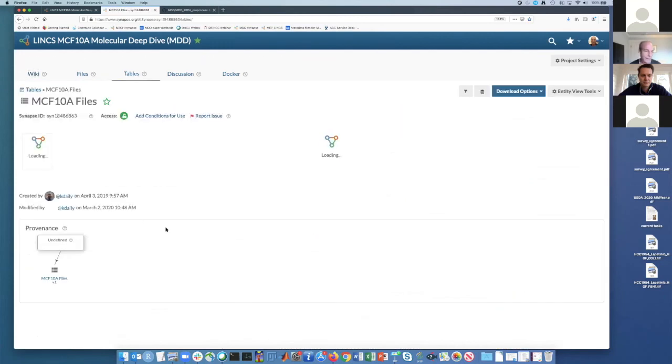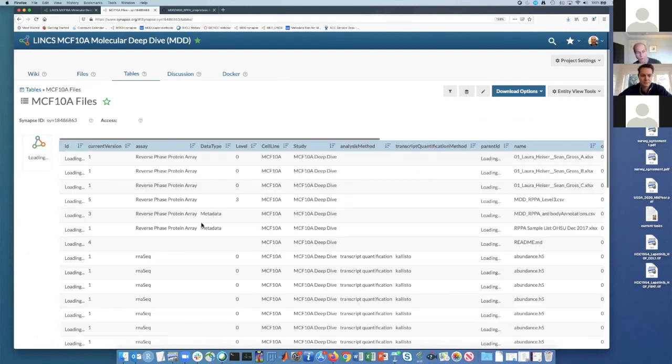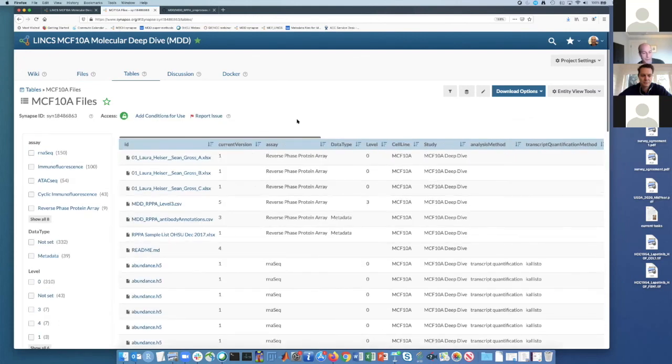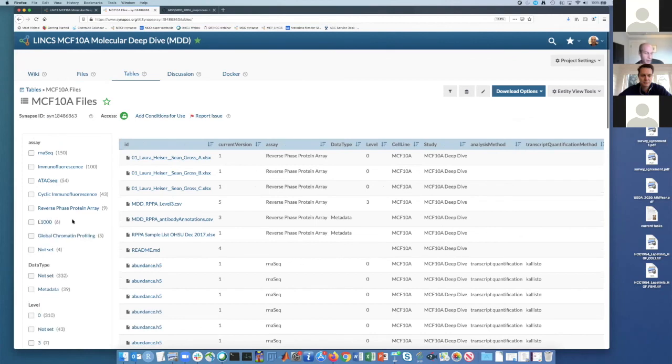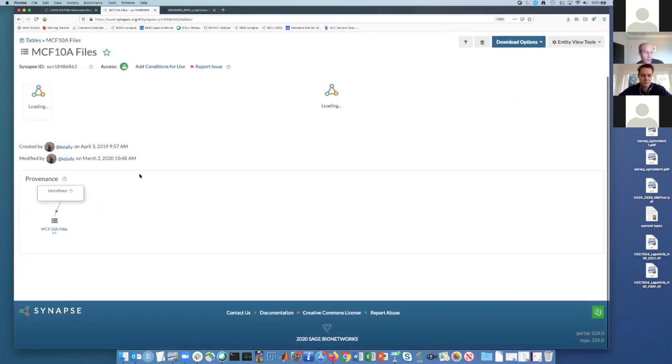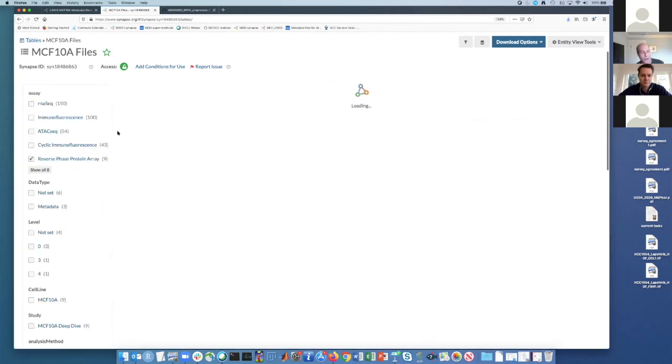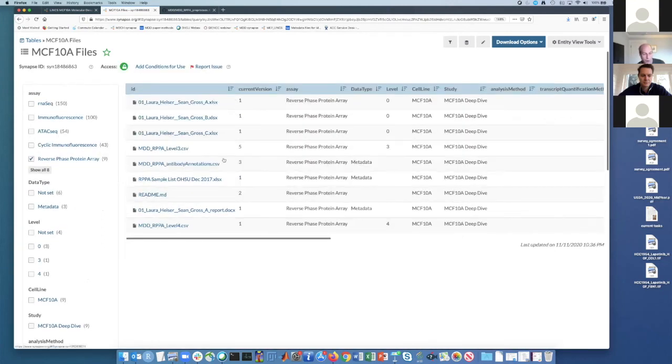One other way to get at this data is through a Synapse table. The nice thing about this table is that it allows you to do some filtering. So here, if I say I just want to see, we'll go back for consistency, the RPPA files, I click on that, and now I've got all the RPPA files, whether they're data files or metadata files.